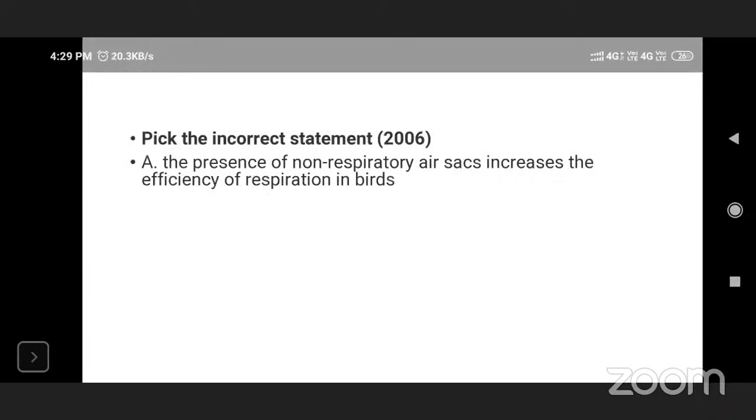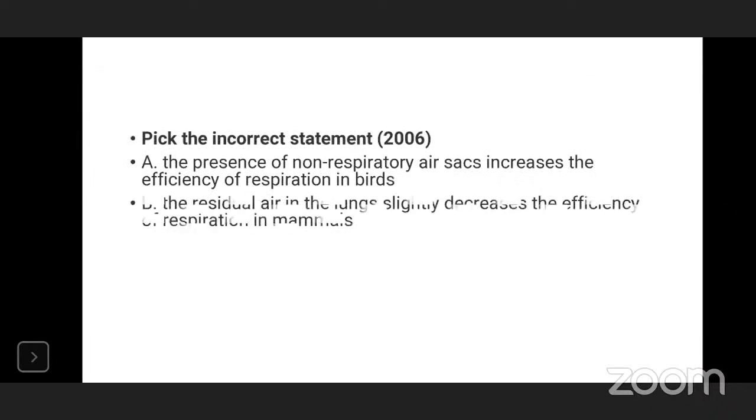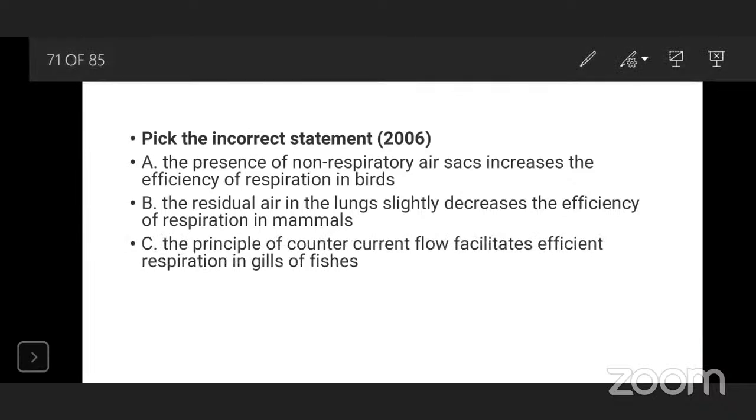Next question is, pick the incorrect statement. The presence of non-respiratory air sacs increases the efficiency of respiration in birds. Second, the residual air in the lungs slightly decreases the efficiency of respiration in mammals.